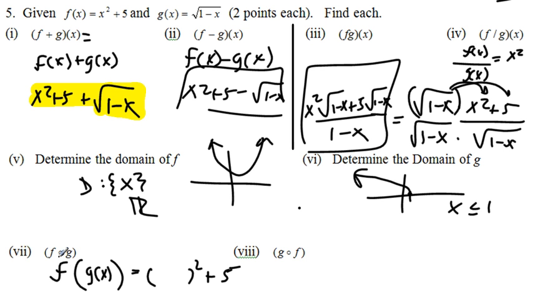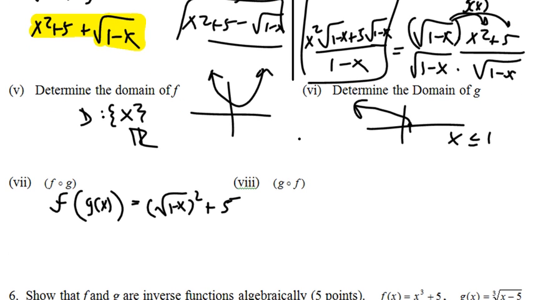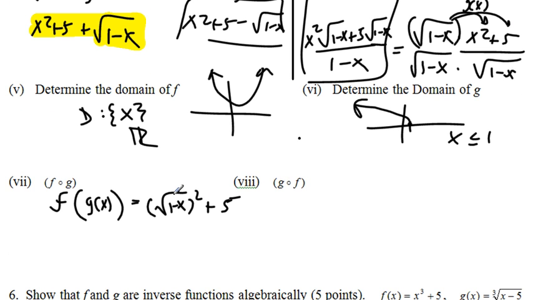I'm going to replace the x with g of x. And g of x is the square root of 1 minus x. If I square a square root, then I just get 1 minus x plus 5. So 1 plus 5, that's 6 minus x. And so that would be the final answer there.